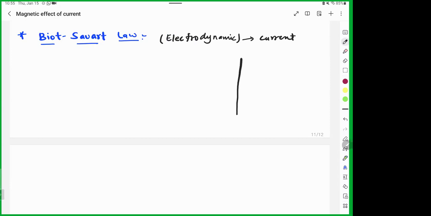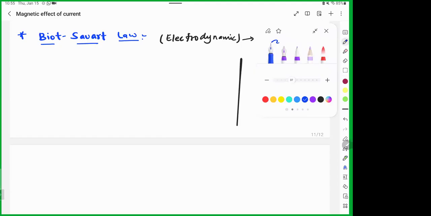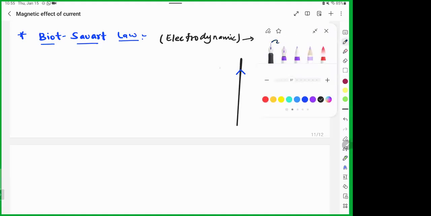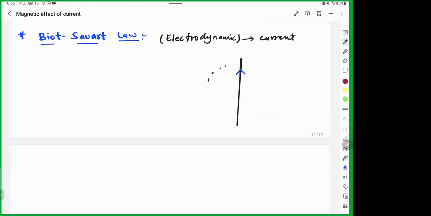For example, if you have this wire, and in this wire current is moving in one particular direction, for example upward. So what will happen around this current? You will see one region where your compass can show deflection, a region around the current carrying wire in which the compass will show some deflection.